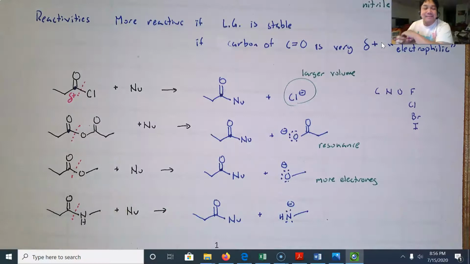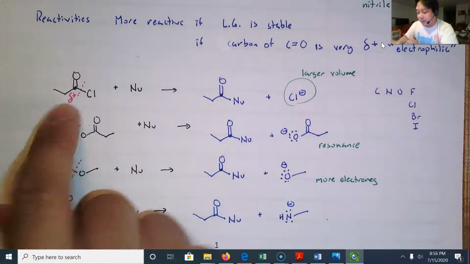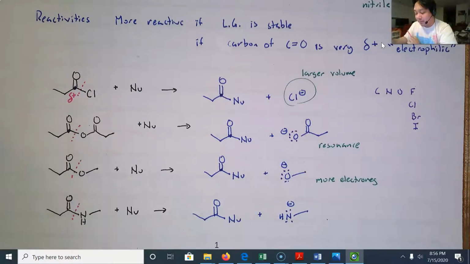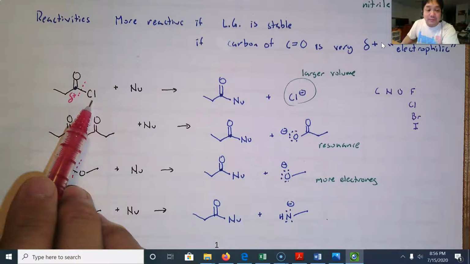It's probably still debatable. It was definitely debatable when I took organic, whether it's really due to the stability of the leaving group or whether it's really due to the attractiveness of the partial positive carbon. Okay, so we're going to rationalize this, that oxygen is pulling electron density away, same with the chlorine.